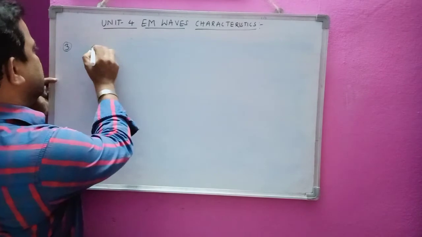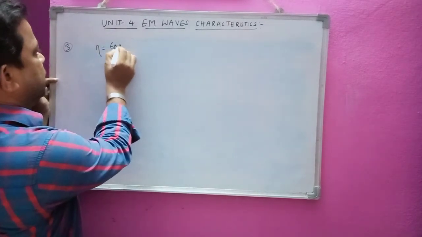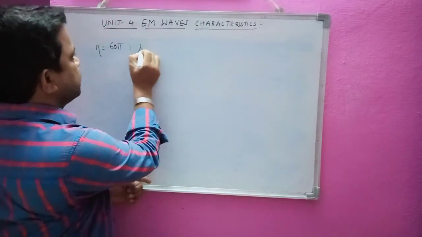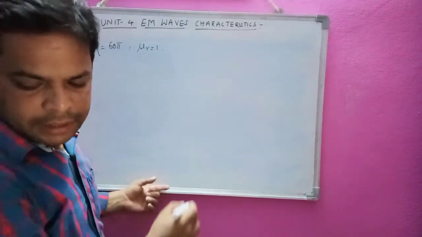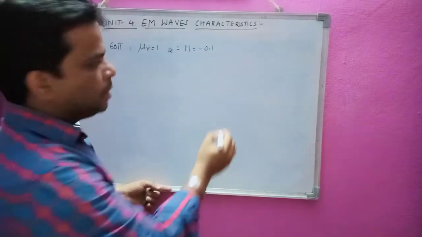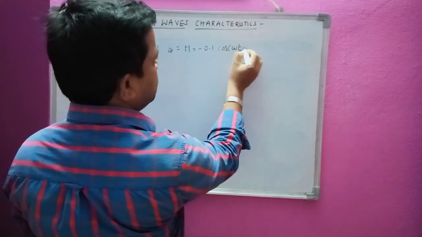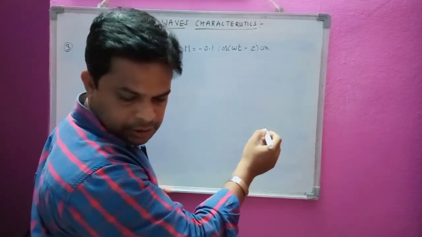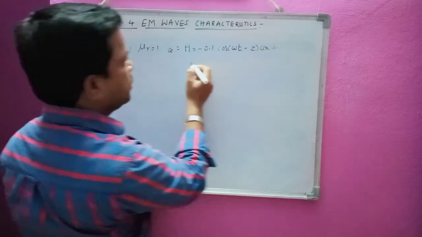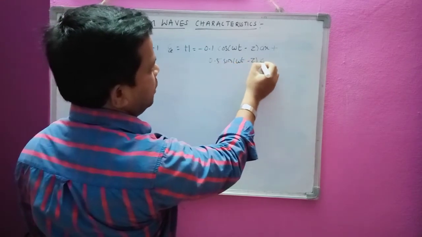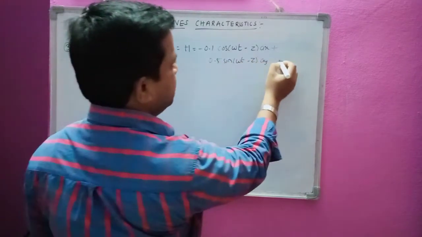In a lossless dielectric for which eta is equal to 60 pi, the intrinsic impedance is given, and mu r is equal to 1, and H is equal to minus 0.1 cos(omega t minus z) ax plus 0.5 sin(omega t minus z) ay amperes per meter.